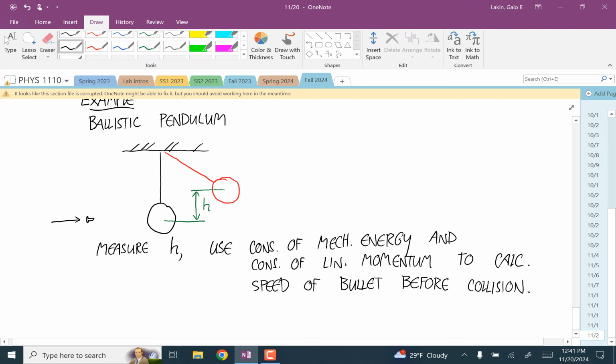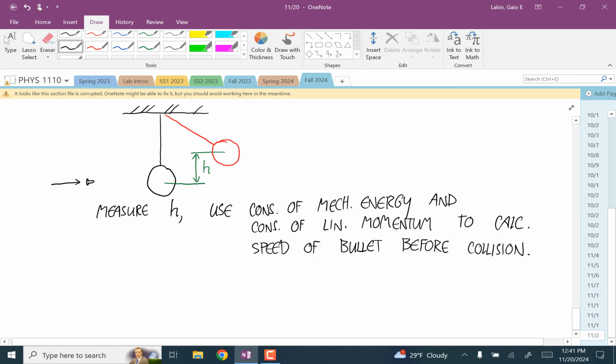Okay, so let's come up with some numbers. So let's say that the mass of the bullet is 0.005 kilograms.